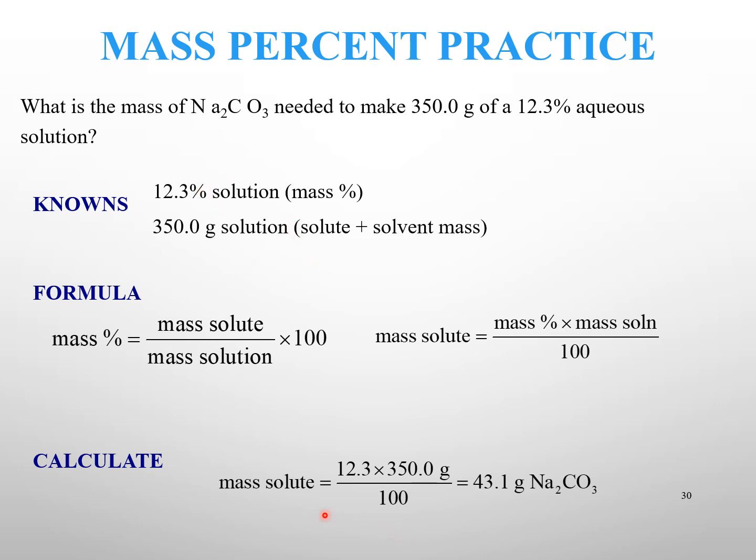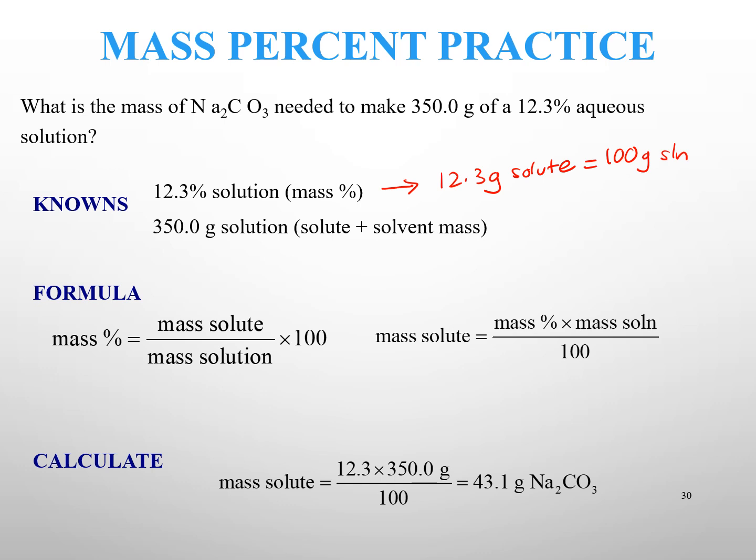Okay, so one way to do it is you just put the formulas together, but I wanted to also write this out. If you write down 12.3%, this means you can find 12.3 grams of sodium carbonate, or the solute, and you will find this in 100 grams of solution.